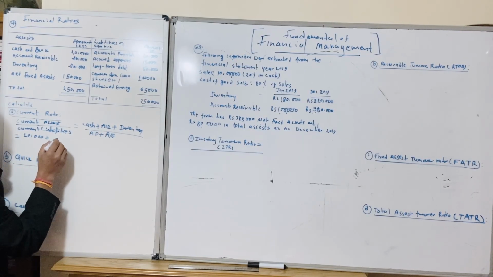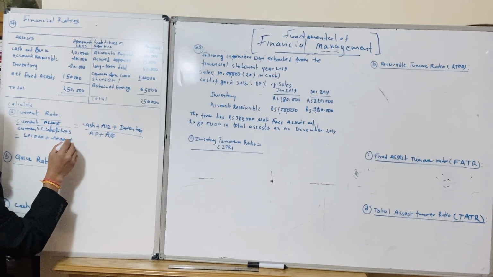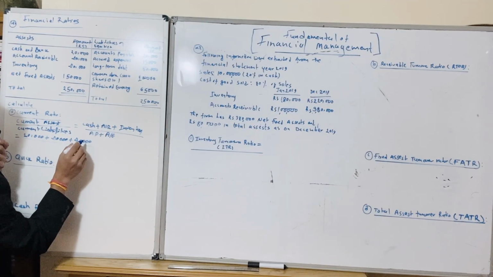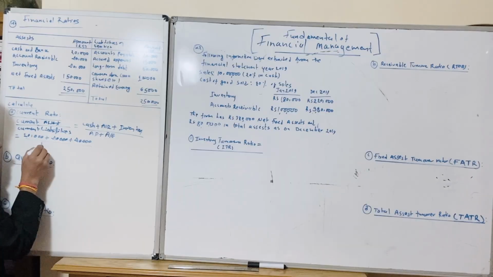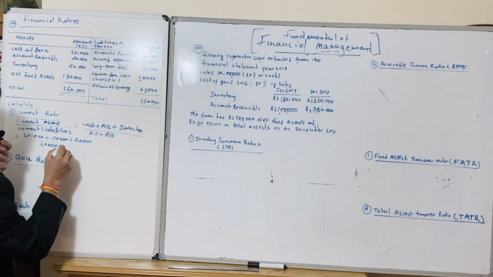We have the figure for cash as 20,000, then accounts receivable is 40,000, plus the inventory is 40,000, divided by accounts payable of 20,000 plus accrued expenses of 15,000.